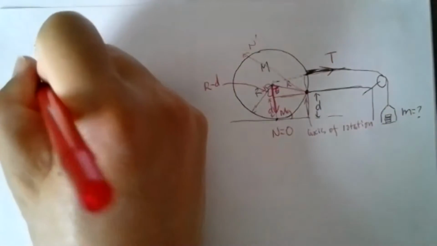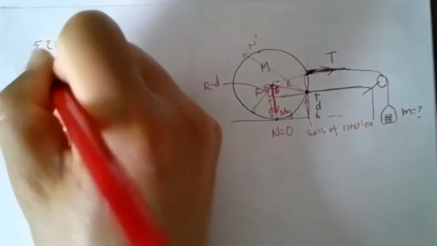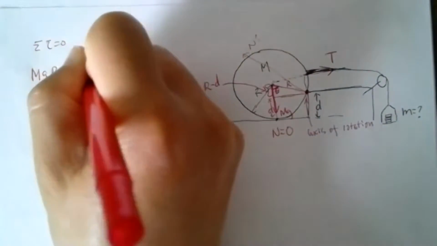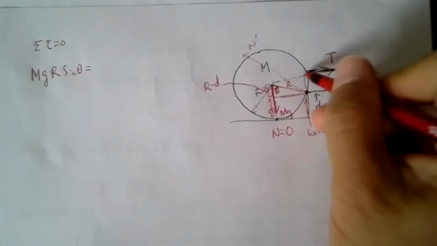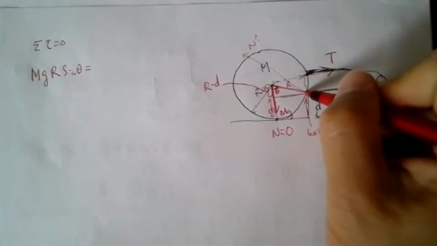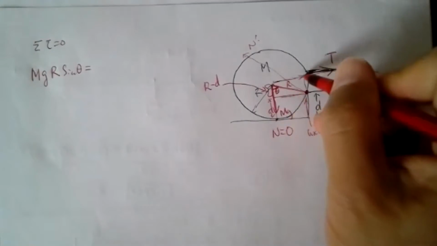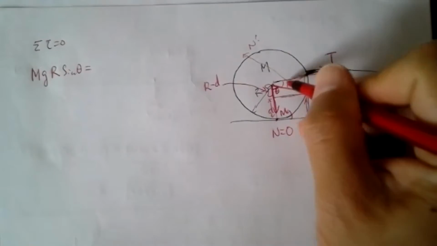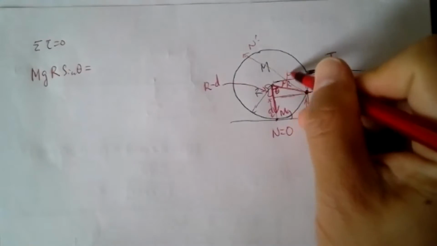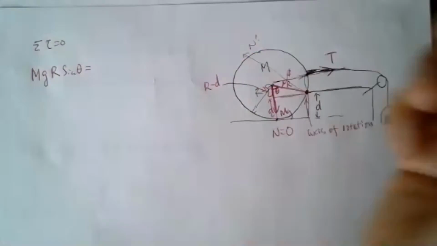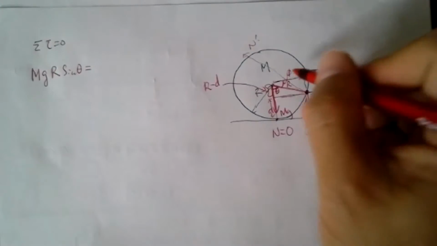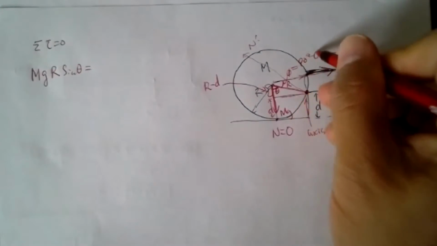So capital Mg times R times sine theta should equal the tension force times R times sine of this angle. Tension goes that way, this is R, and this angle we can call phi, which would be 90 degrees minus theta, because the two angles should add up to 90.